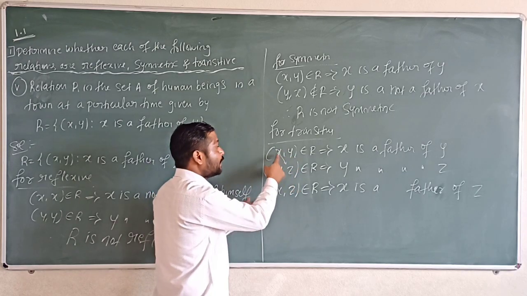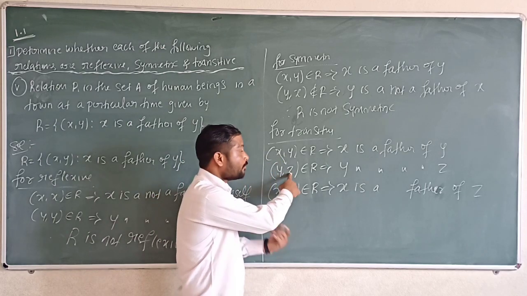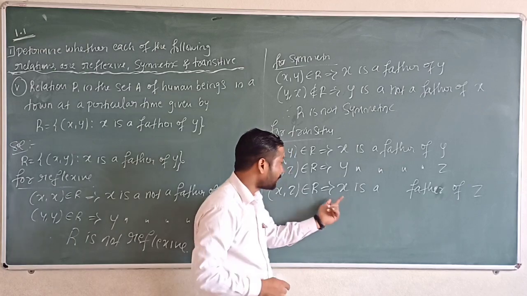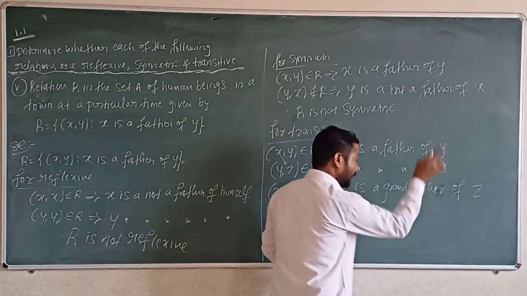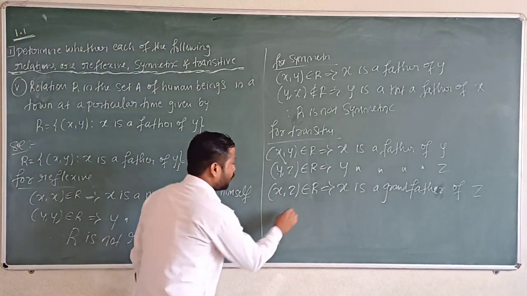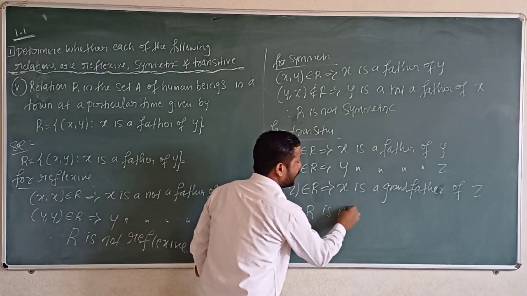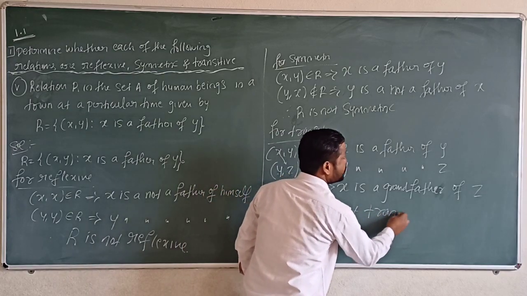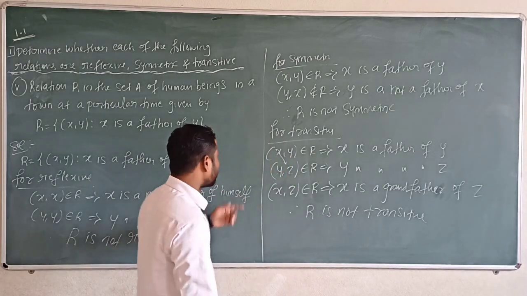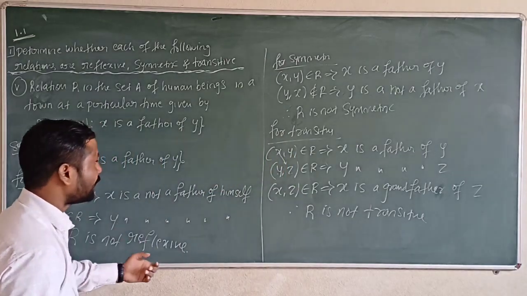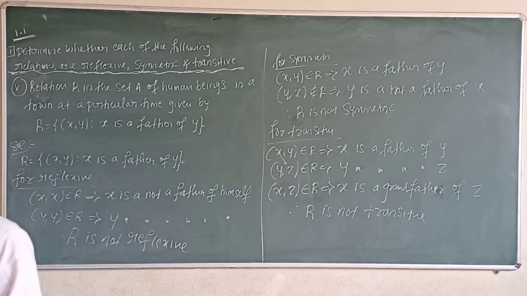What does x become to z? Grandfather. Does he become a father? No. So therefore x is not a father here. X is a grandfather. So therefore R is what here? R is not a transitive. So therefore the relation is not reflexive, not symmetric, and not transitive here. Okay.